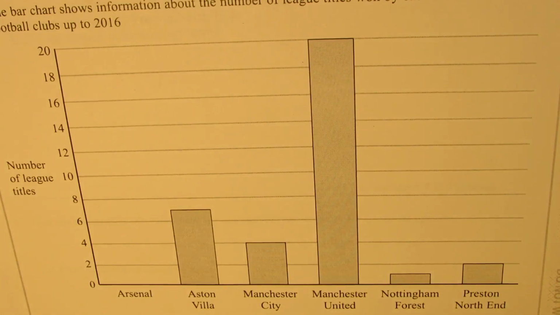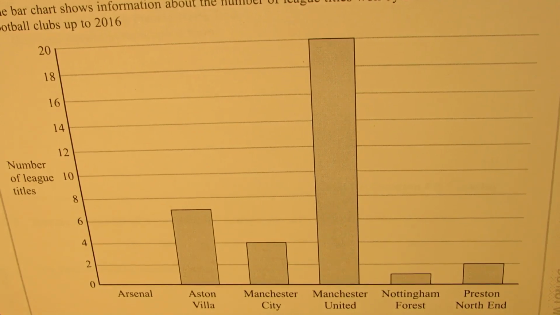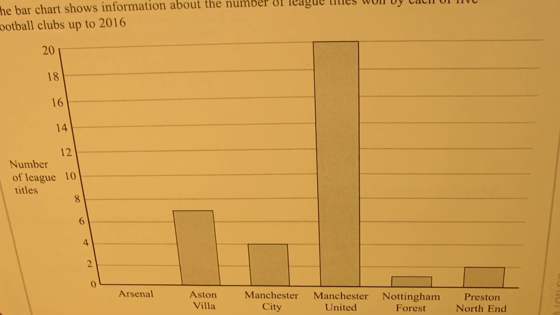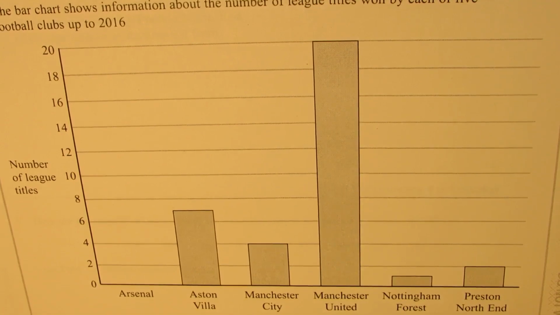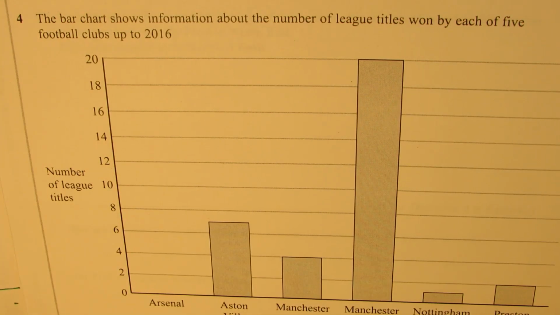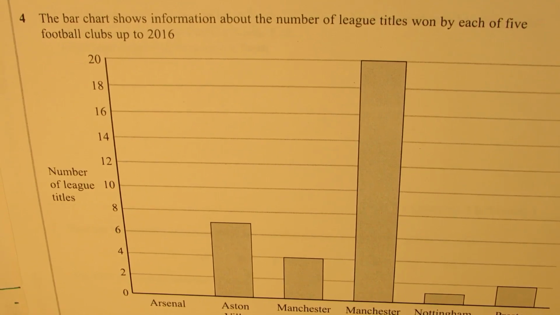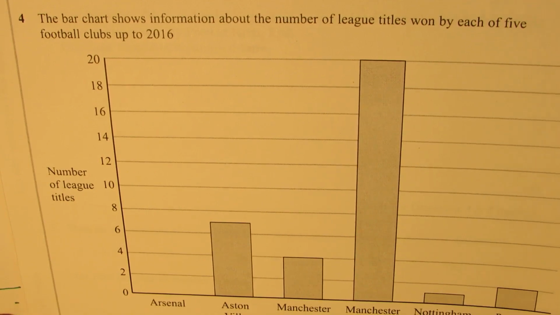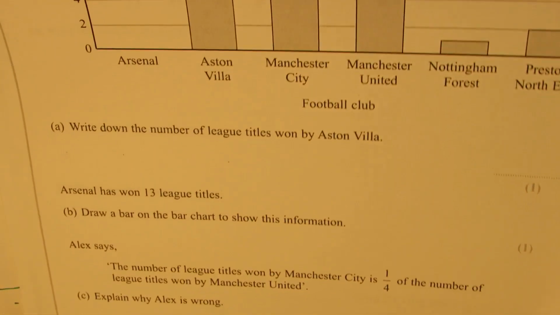Here is question number 4. Here is a bar graph which you need to study and answer the questions below. The bar chart shows information about the number of league titles won by each of the 5 football clubs up to 2016. These are different football clubs. Related to this, we have 3 questions.